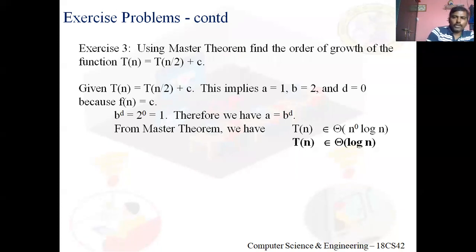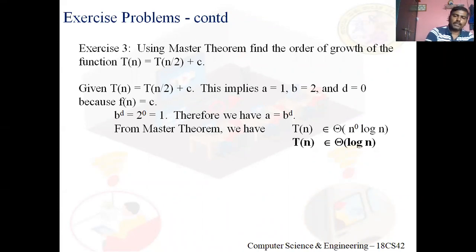So now you know A is equal to 1, B is equal to 2, D is equal to 0. What is the relation between A and B power D? A equals 1. B power D is 2 power 0, which is 1. So the relation is A equals B power D.